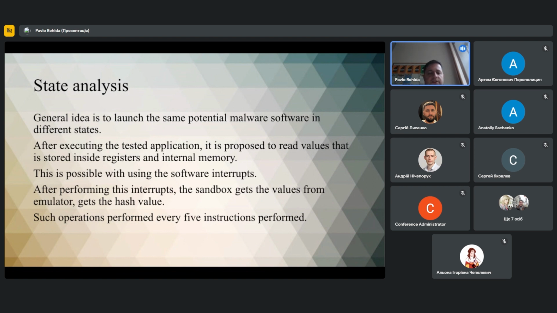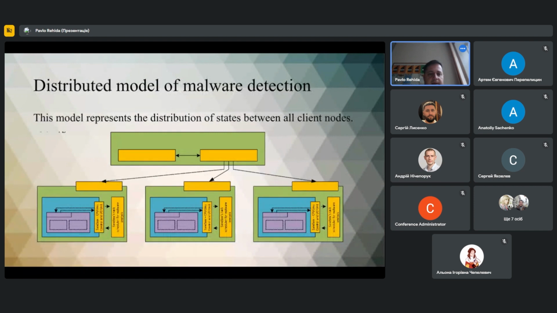After performing these interrupts, the sandbox gets the values from the emulator and gets the hash value. Such an operation is performed every 5 instructions, obtained from the list of codes that contains low-level instructions.